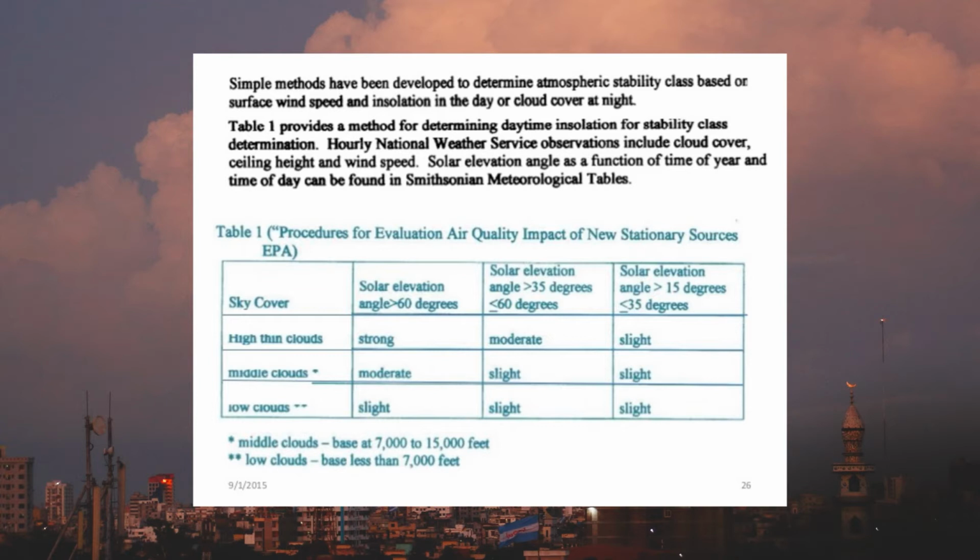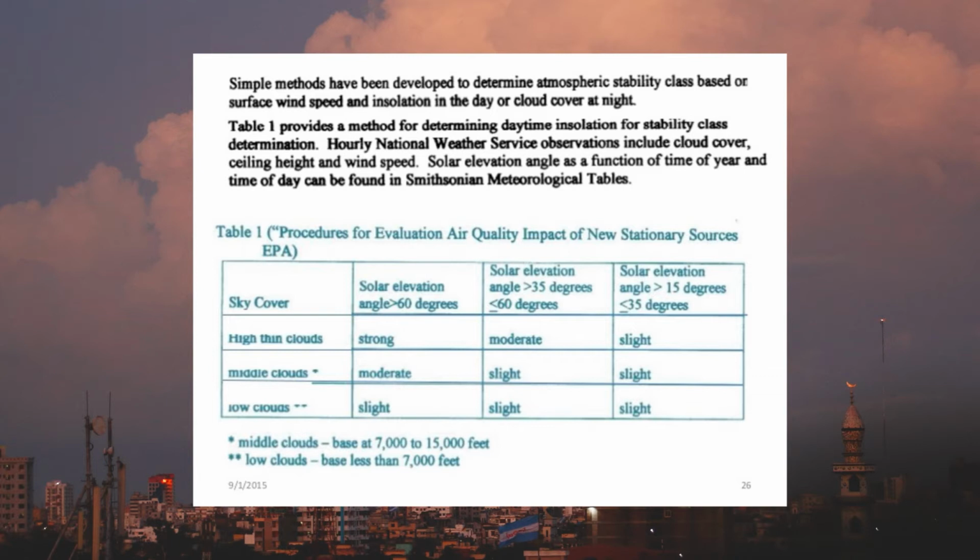For example, if it is above 60 degrees from the horizon, it may be a little difficult to understand, but you can consider that probably during the afternoon time you get very high solar radiation. So the solar insolation, if the angle is above 60 degrees, is considered strong.